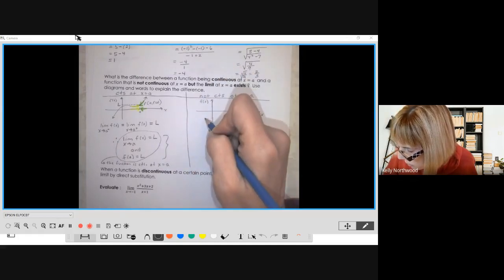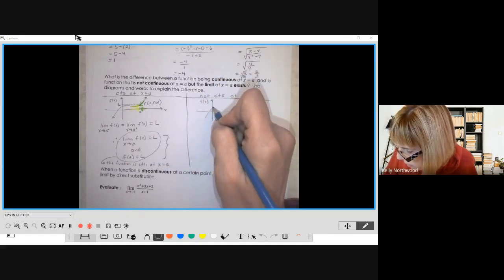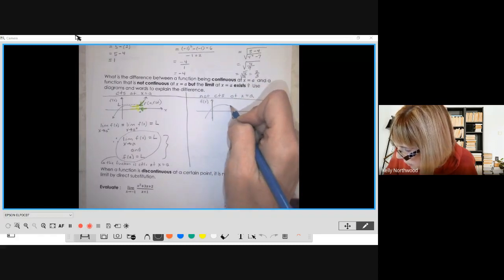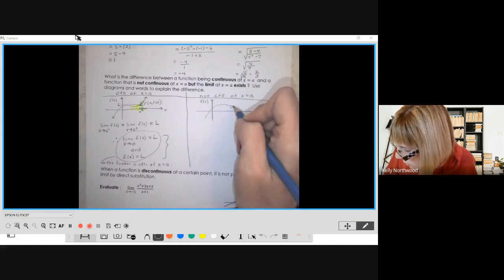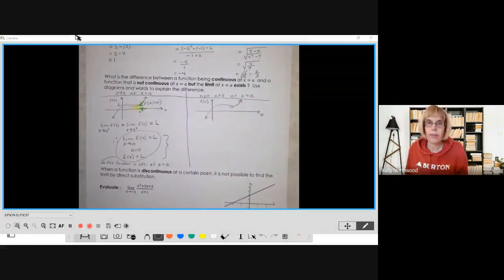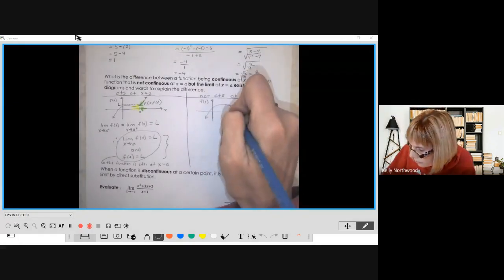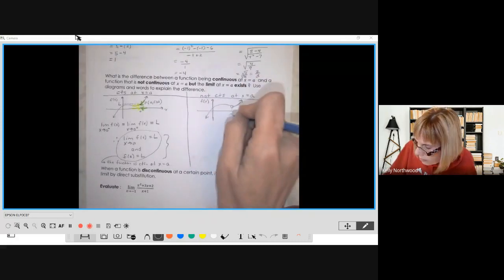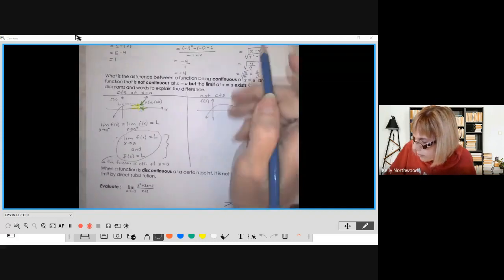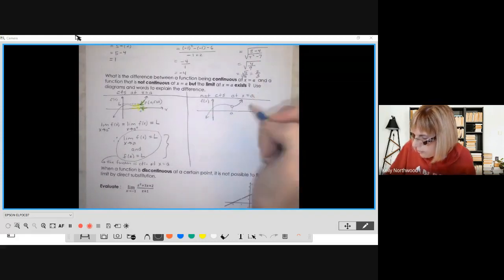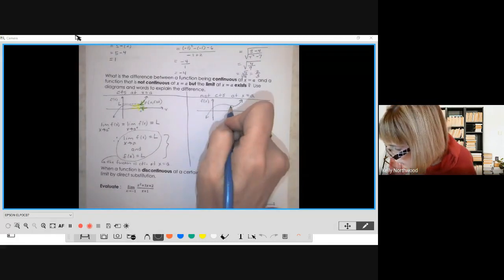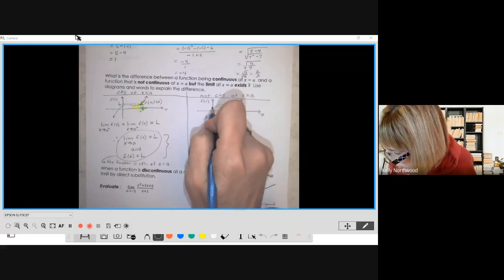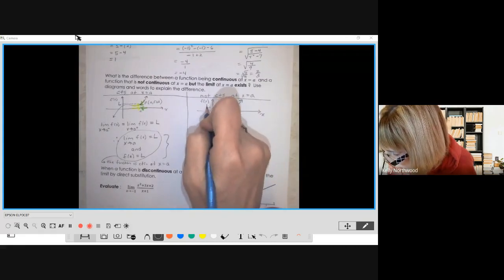So I'm going to try to make my curve look similar, but I'm going to have a hole here instead of just a smooth curve. Here's a. And then if I read over across here, this is going to be L.